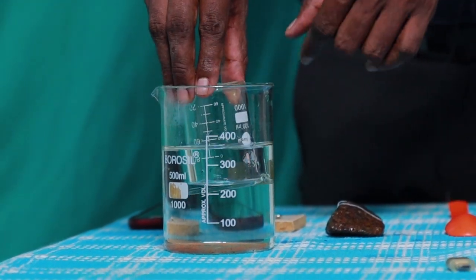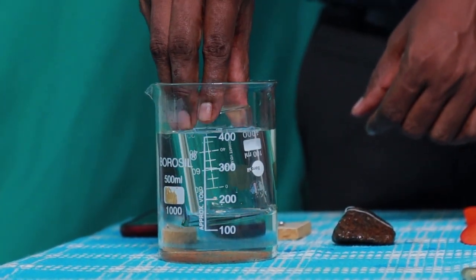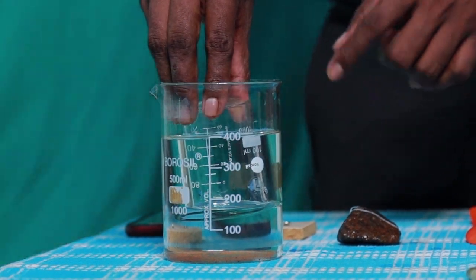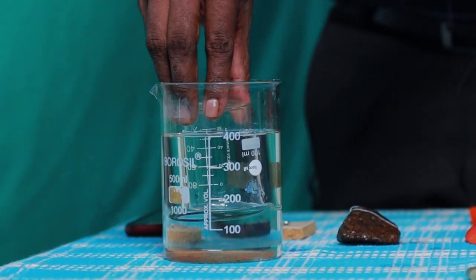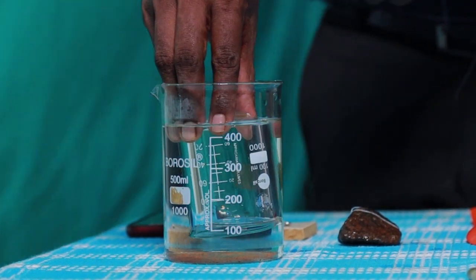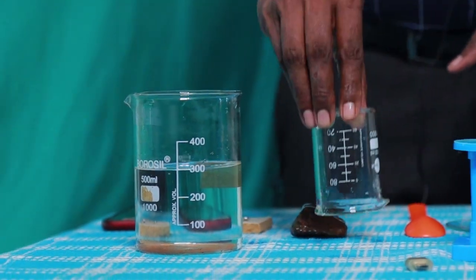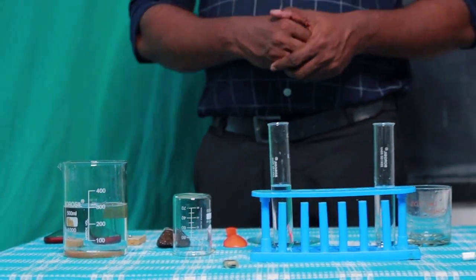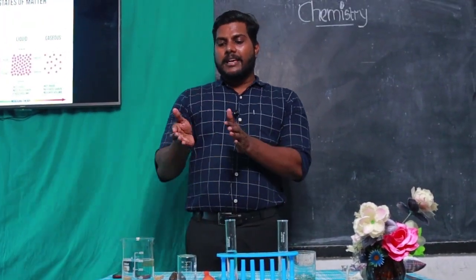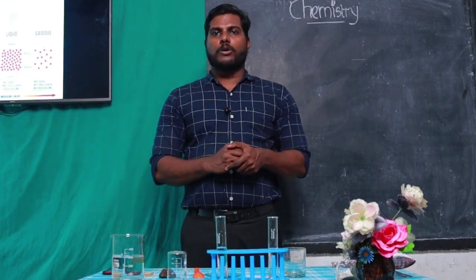You can observe what changes are happening here. I will place this small beaker perpendicular to the water, and at that time the water level rises a little bit. What is the reason? The gas inside has to occupy space.